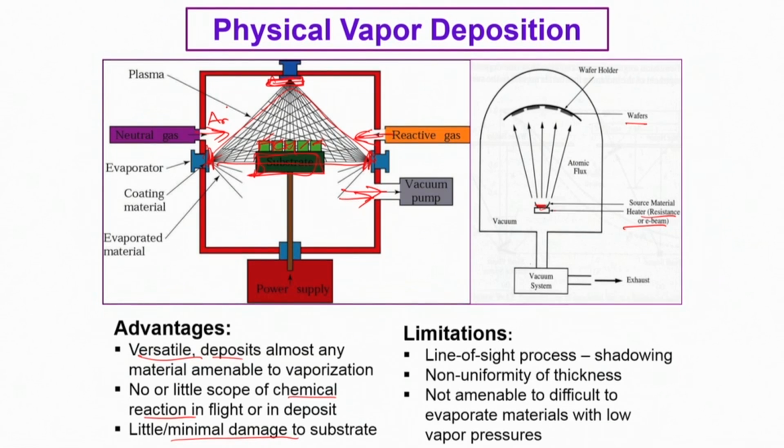Now, there are also demerits. For example, this is a line of sight process, so you can cover only the surface that the vapor is seeing directly. So there could be a process of shadowing. See, for example, if you have a component here and another component here, and if the vapor is arriving this way, a portion here may get shadowed.